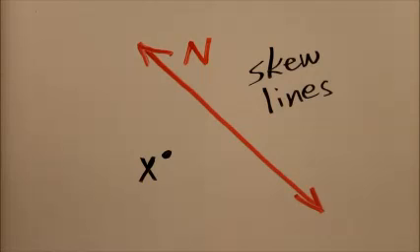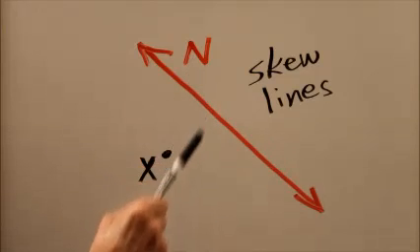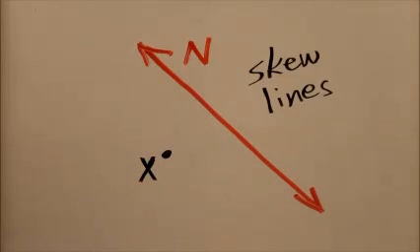Well, by definition, two lines are askew if they do not intersect and they are not parallel. Well, if we find a line through point X in the plane defined by line N and point X, and if that line does not intersect line N, then that line will be parallel to line N. Not skew, but parallel.